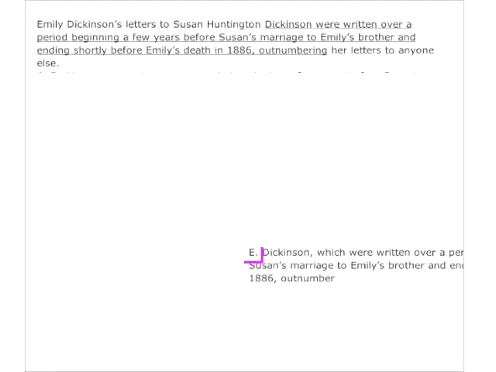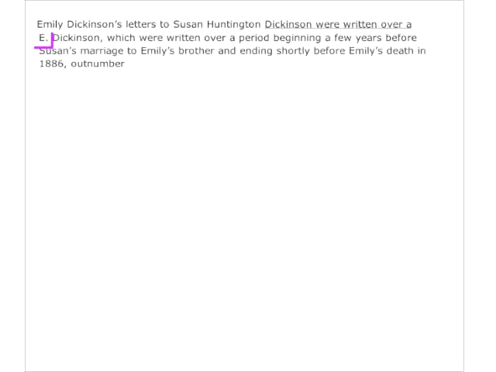We need to do a little bit of surgery here. It's Susan Huntington Dickinson, so let's blank that out and blank that out. Here's the correct answer choice. Emily Dickinson's letters to Susan Huntington Dickinson, which were written over a period beginning a few years before Susan's marriage. Okay, let's have a discussion about this which modifier.